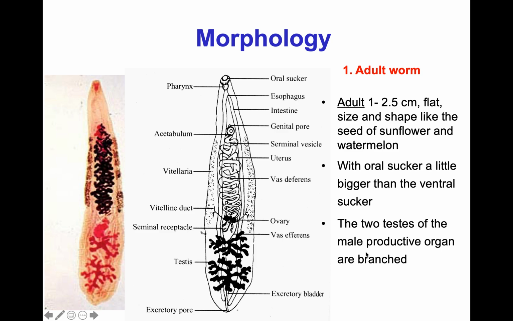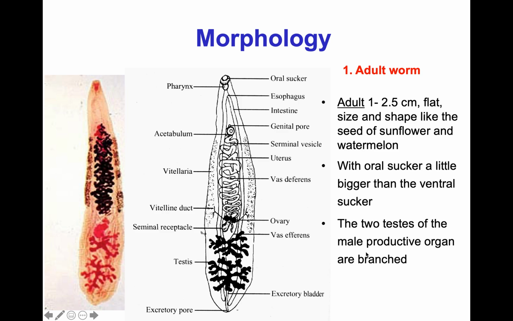Morphology. The adult is actually very small. It's tiny, 1 to 2.5 centimeters. It's flat, and the size and shape look like a seed of a sunflower or watermelon. It has an oral sucker at the top, and then there's a ventral sucker in the middle.